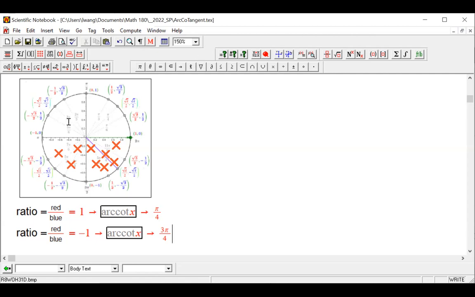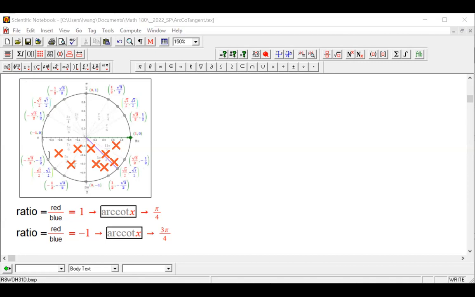So now, if you look at the red to blue ratio, every red to blue ratio is going to be unique. And its angle, the output, will also be unique if we limit ourselves only to quadrant 1 and quadrant 2 and no flight zone.